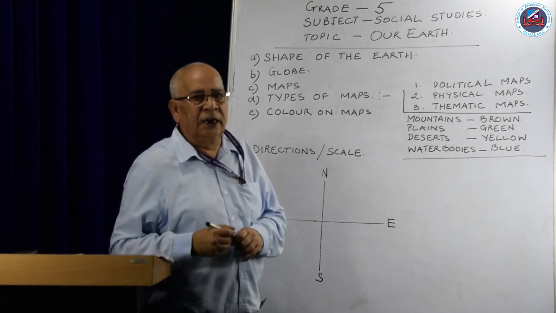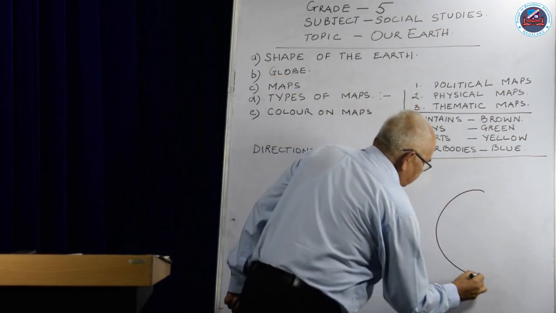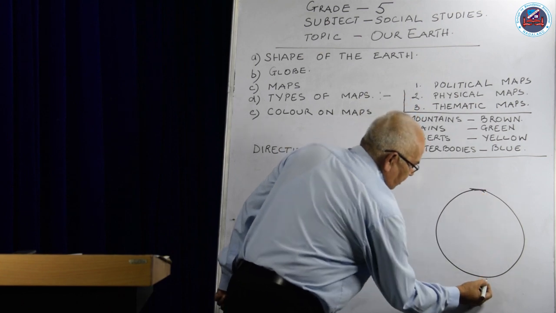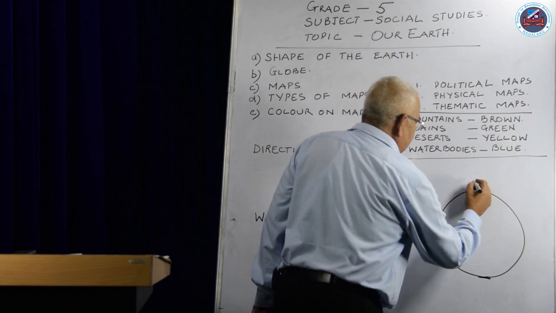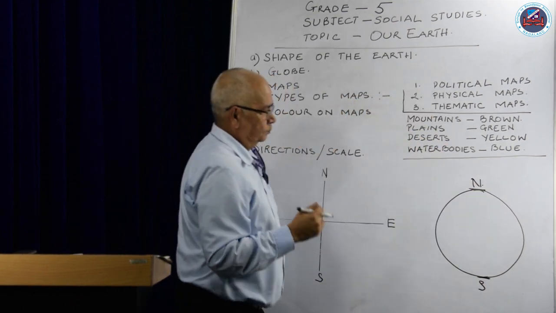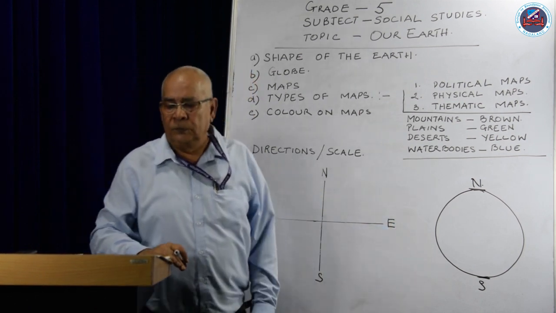Now, the Earth is a sphere, flat at the top and flat at the bottom, or we can say at the poles. So, North Pole, South Pole. Then, it is bulging in the center.